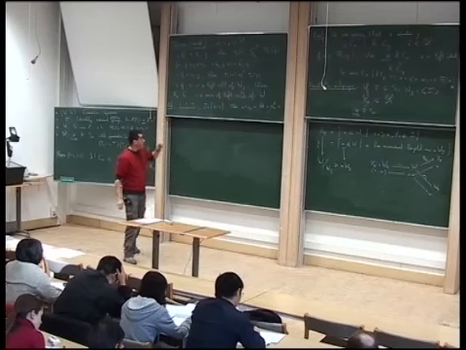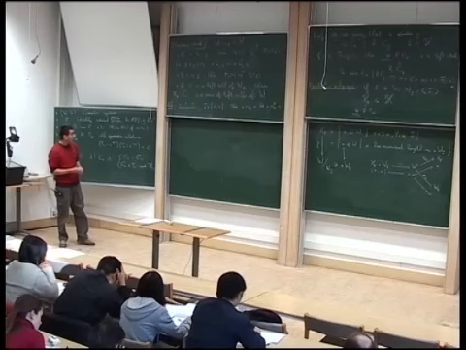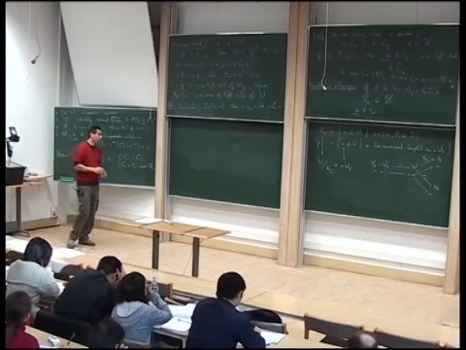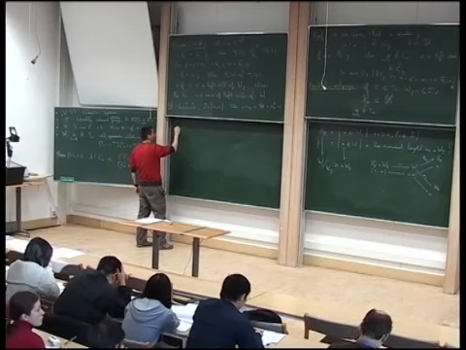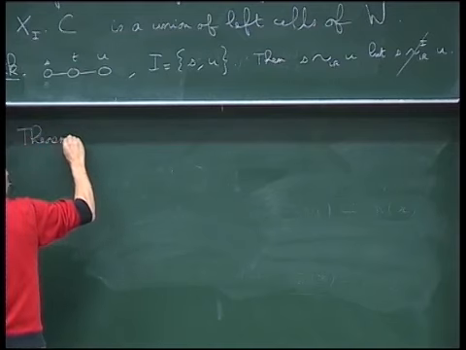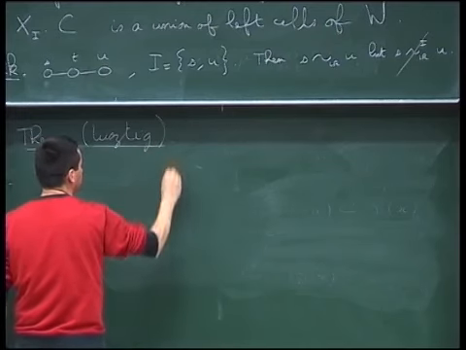So this result, I have said, gives an upper bound for the left cell. I will give another result, which gives a lower bound, and which is also pretty easy to prove, due to Lusztig.